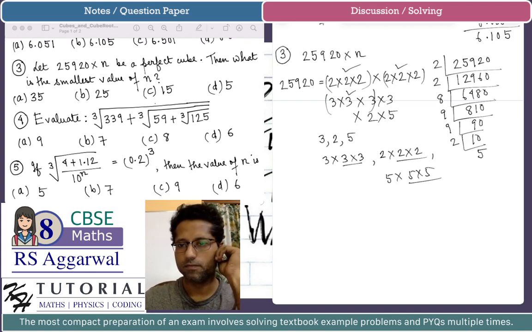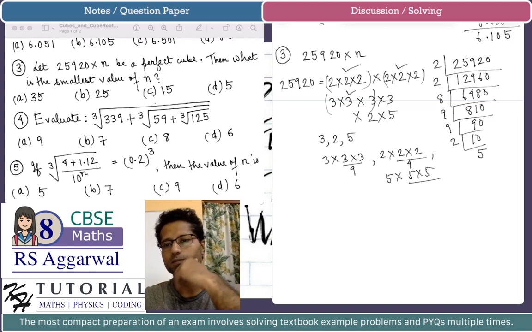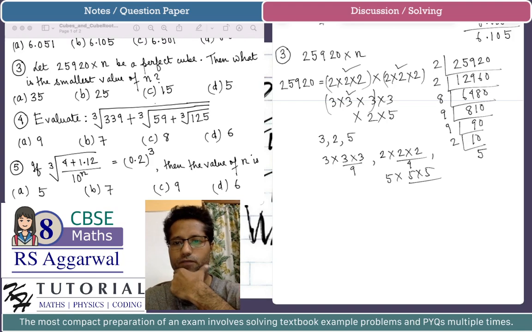We have to create a triplet of 3's. To create a triplet of 3's from 3, we have to multiply it by 9. And to create a triplet of 2's from a single 2, we have to multiply it with 4, that is 2 into 2. And to create a triplet of 5's from a single 5, we have to multiply it with two 5's, so 5 into 5 is 25.